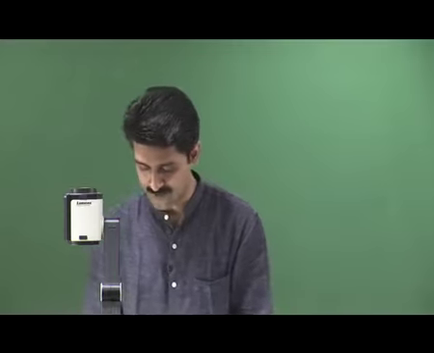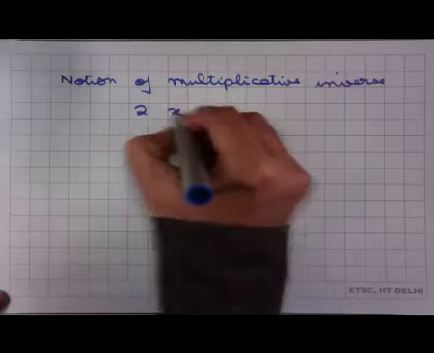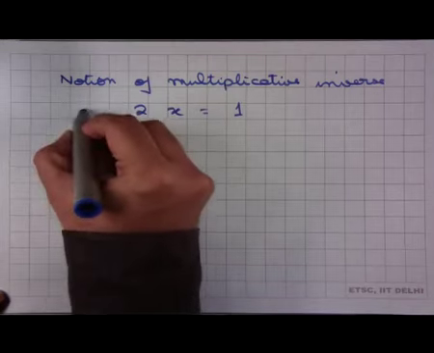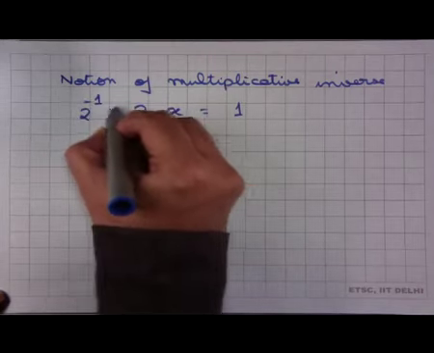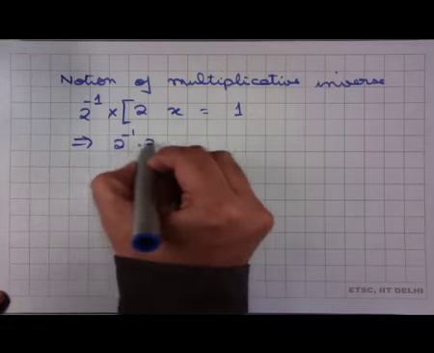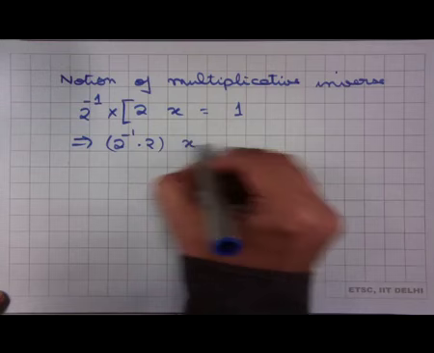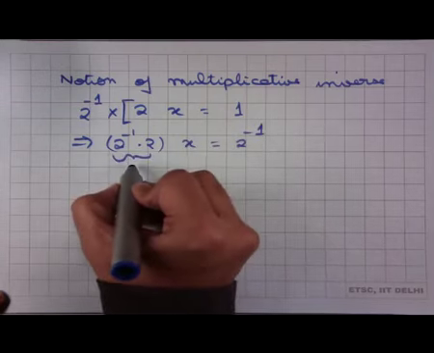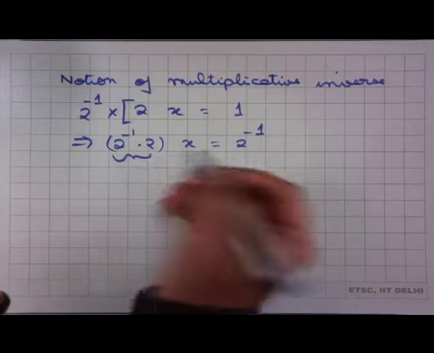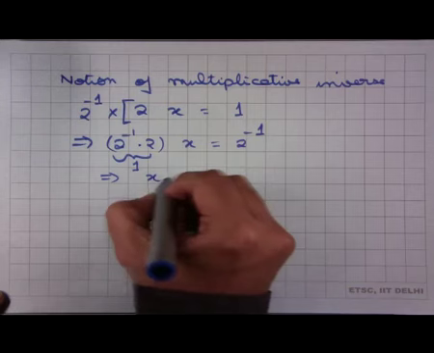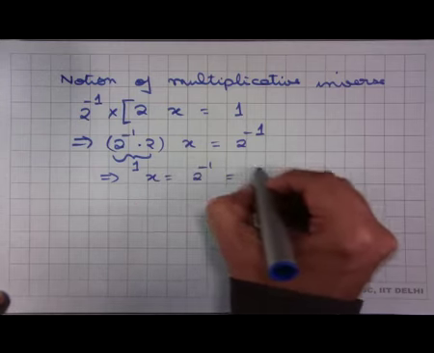So, we have 2x equal to 1. We multiply both sides by 2 power minus 1, so that you get 2 power minus 1 into 2 times x, and 2 power minus 1 times 2 is 1, from how we define division and multiplication. That means that x is 2 power minus 1, or half.